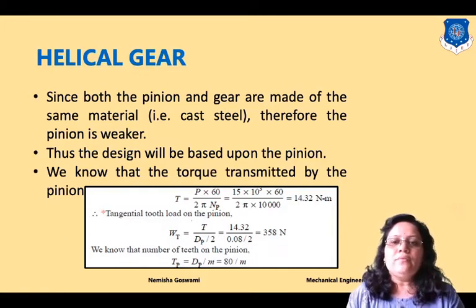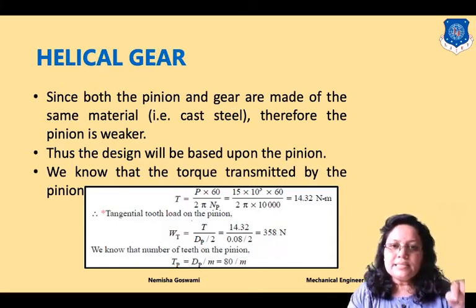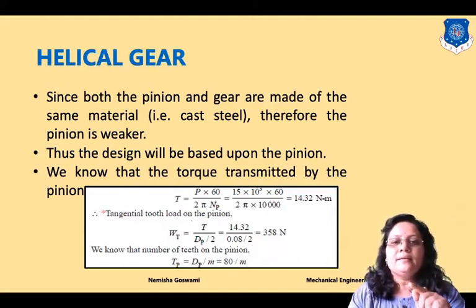So first of all, we have to find the torque transmitted during operation. Power is given, right? So what is the relation between power and torque? Power is equal to 2 pi N T divided by 60. When you rearrange this, you will get torque is equal to P into 60 divided by 2 pi NP, because we are designing based on the pinion.